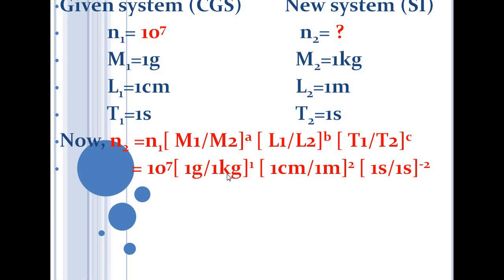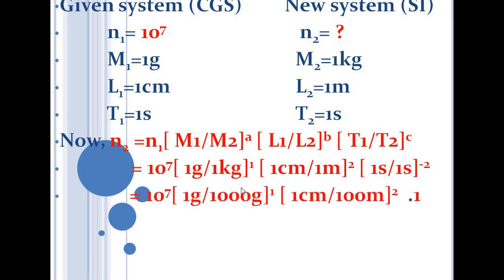Either convert 1 gram into kg or 1 kg into gram so that we can cancel. I have converted 1 kg into gram, so gram and gram cancel. Similarly, 1 meter into centimeter, so centimeter cancels. The 3 zeros, 10 power 3, cancel, leaving 10 power 4. Now the square of 100 means 10 power 4, which simply cancels 10 power 4 as well, so we get n2 equals 1.